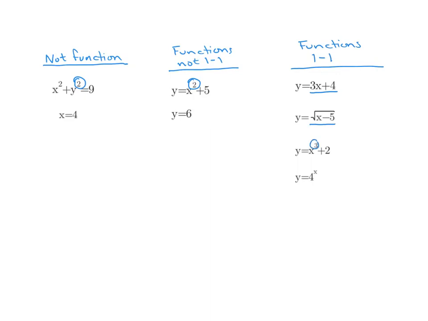This one, because we have an exponent of 3, since it is odd, as long as it is a basic cubic function, it will be a one-to-one function. And the last one is an example of an exponential function, which, as I said, we will talk about in another section. Exponential functions are also one-to-one.